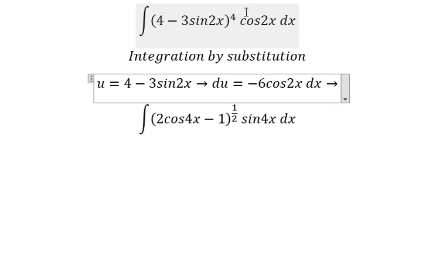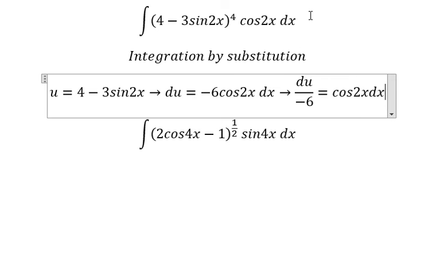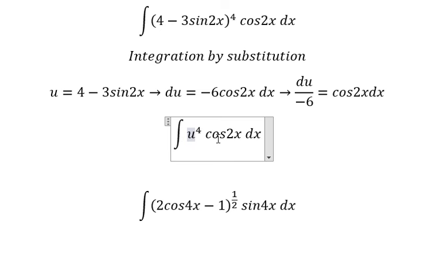Because we don't have negative 6, we need to divide both sides by negative 6. This one we change to u, and cosine 2x dx we change to this one.